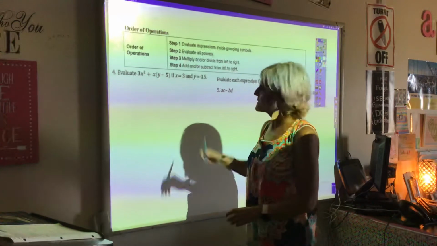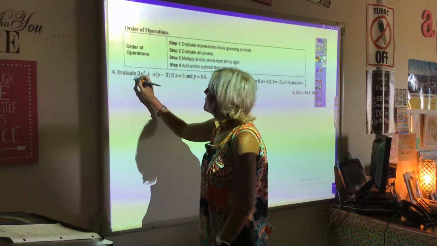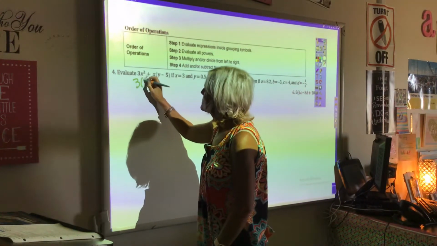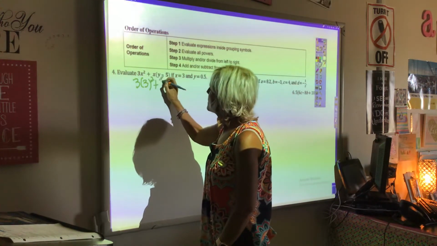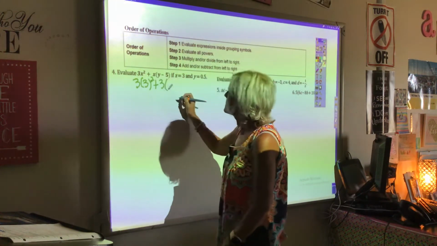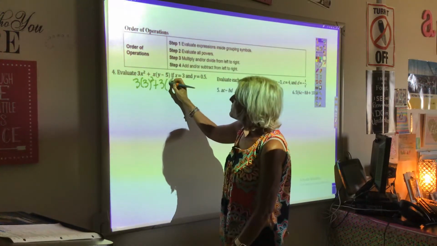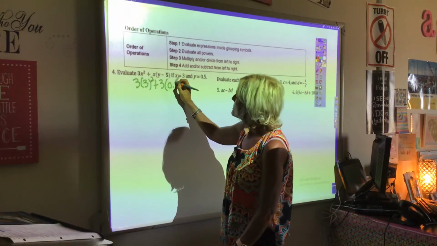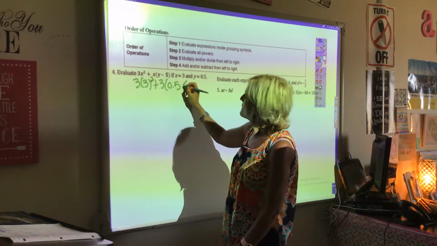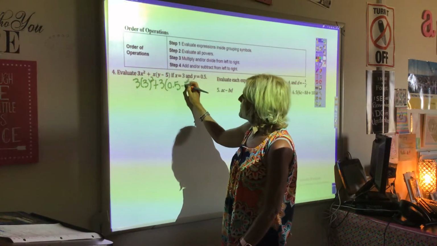So what I mean is it would look like this. It would be 3 times 3 squared plus 3 times, and I don't really need a parenthesis right here since the y leads off this expression, 0.5 minus 5.